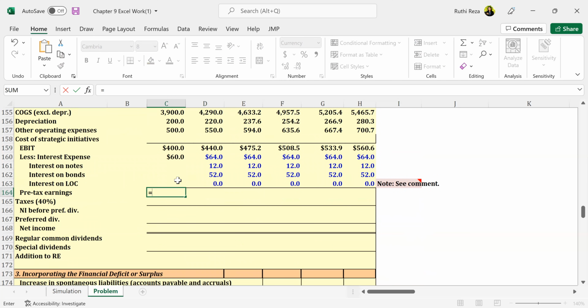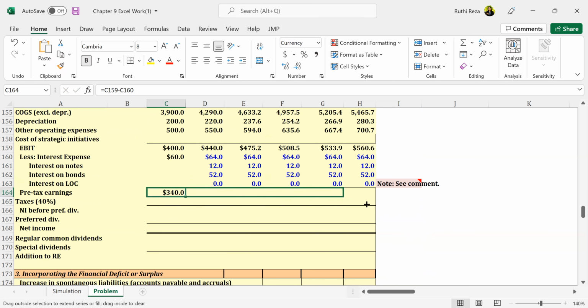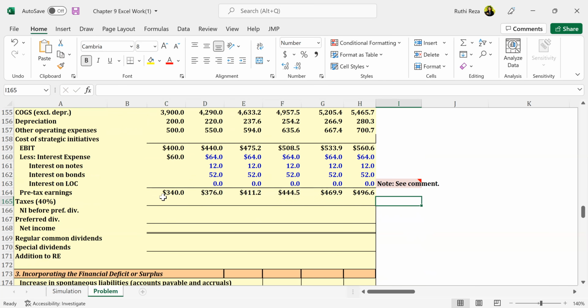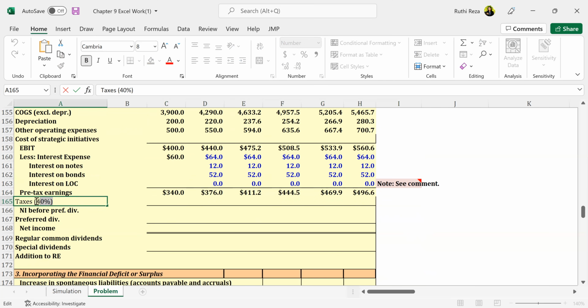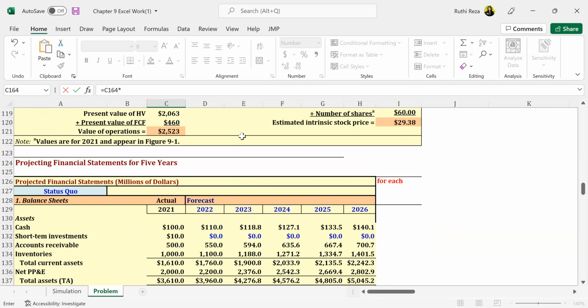Then pre-tax income, it is EBIT minus total interest expenses. Next, we are going to apply the tax rate. So our tax rate is 25% standard every single year.